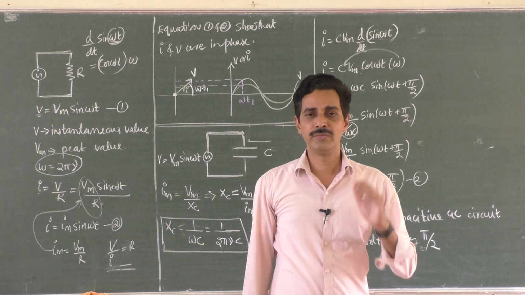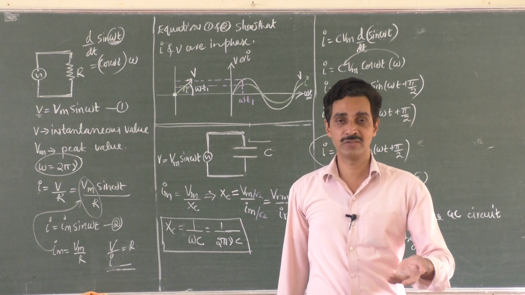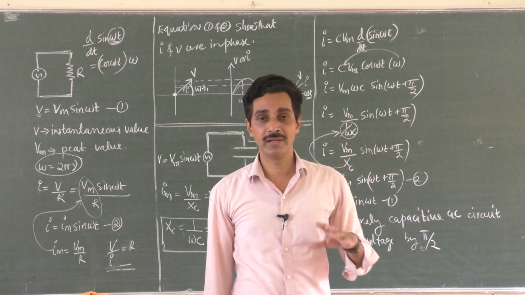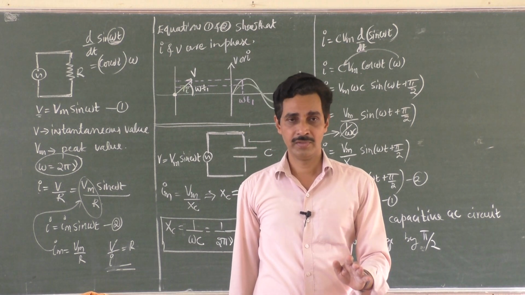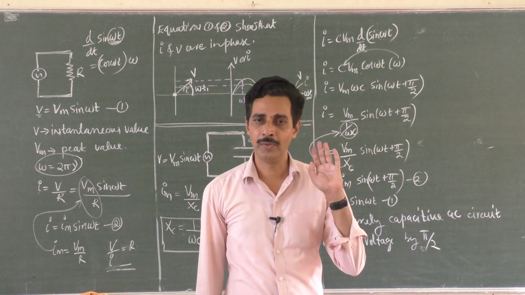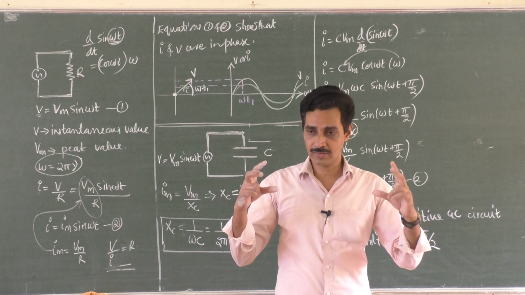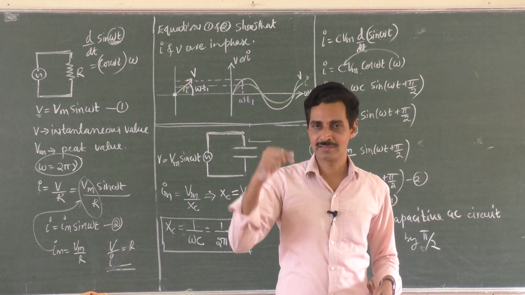For example, if you have a 100 ohm resistor, what is its resistance when it is connected to a 10 volt battery? It's a very, very awkward question, isn't it? Resistance of a resistor is 100 ohm. If it is connected to a 10 volt battery, what is its resistance? It is 100 ohm, because resistance of a resistor or a metal depends only on its dimensions and its nature and its structure.